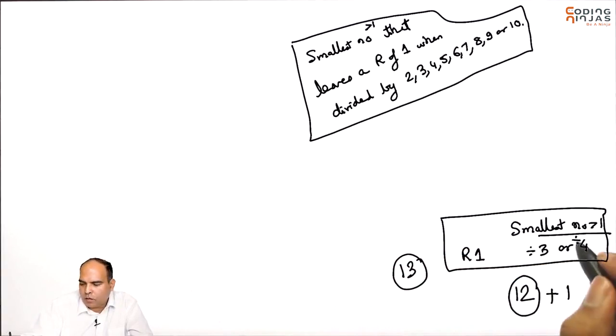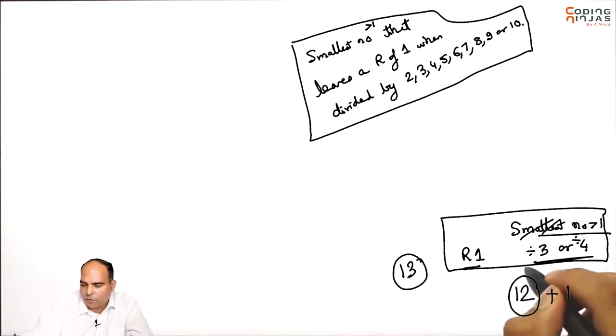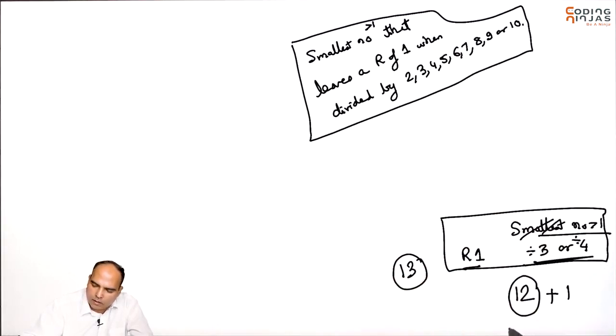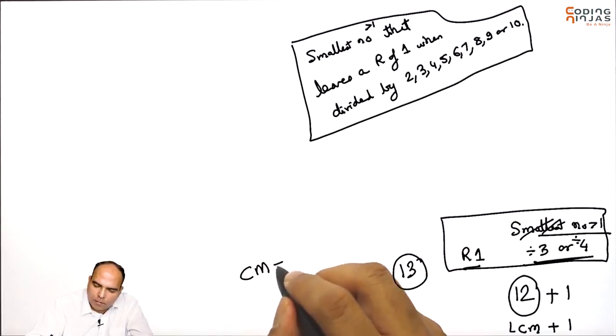Of course, if you don't want the smallest number and you just want a number leaving a remainder of 1 when divided by 3 or 4, then the logic shifts from the LCM plus 1 to any common multiple plus 1.